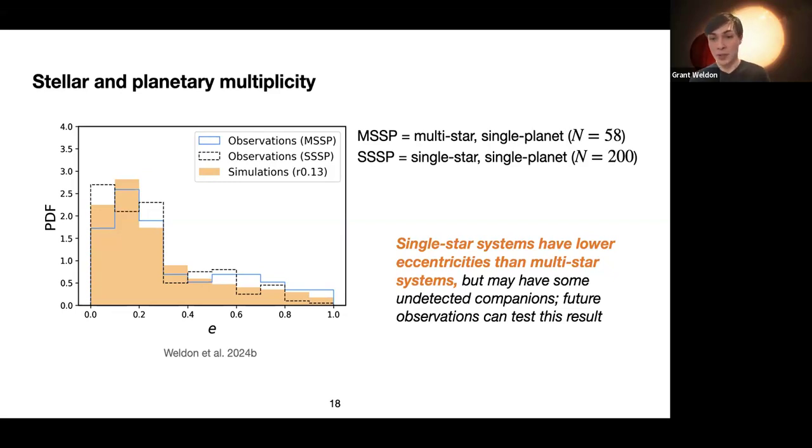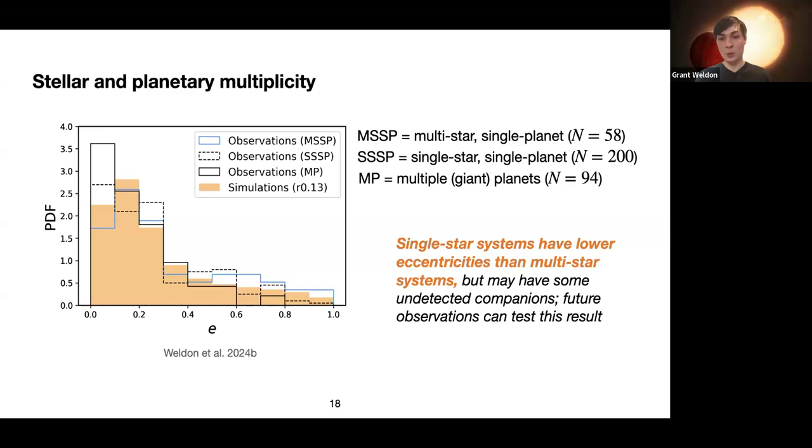Now, some planets are found in systems in which there's another planet. And so we look at systems that have multiple giant planets. The presence of an additional giant planet can quench the oscillations induced by the distant star. And so in a system with multiple giant planets, we'd expect to see even lower eccentricities on average. And indeed, we do. And so this suggests that in these multiple giant planet systems, perhaps this quenching phenomenon is at play.